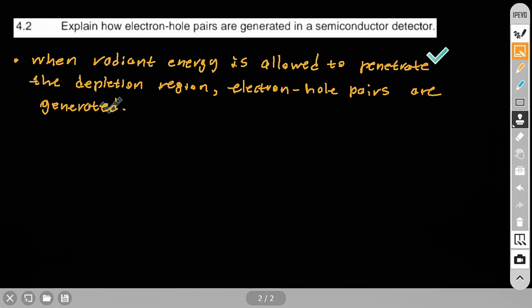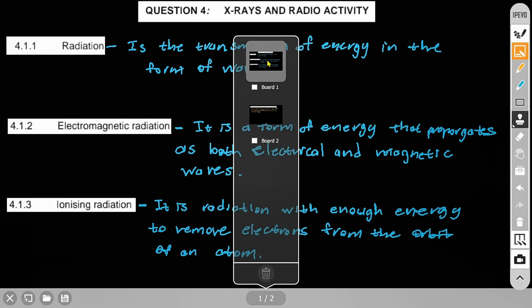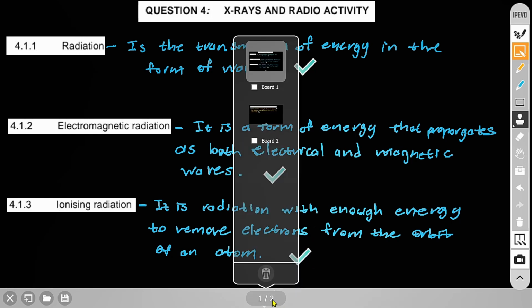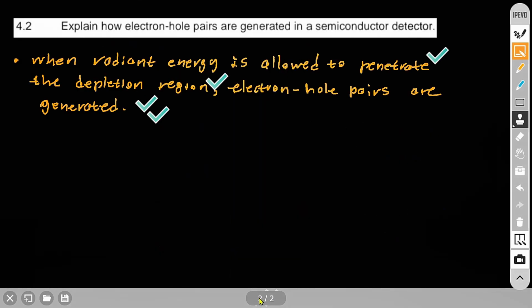The depletion region, that's a mark, guys. And then electron hole pairs are generated, that's 2 marks. So this is how this one is going to be marked, right, guys? And this one was 3 marks, so just 1 mark for the definition, 1 mark, 1 mark. In total, that was 7 marks, right?